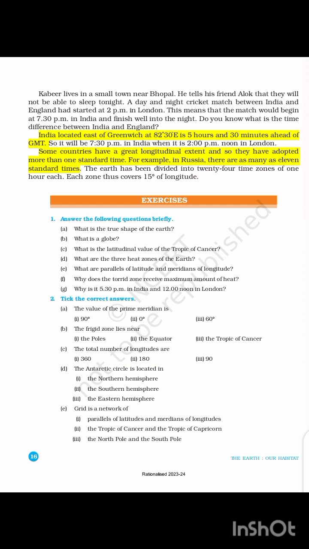For example, if the time at the countries located near the Greenwich meridian is 3 o'clock, then our country's timing will be 5.5 hours ahead of that time. So in this way we can calculate the timings in different countries.